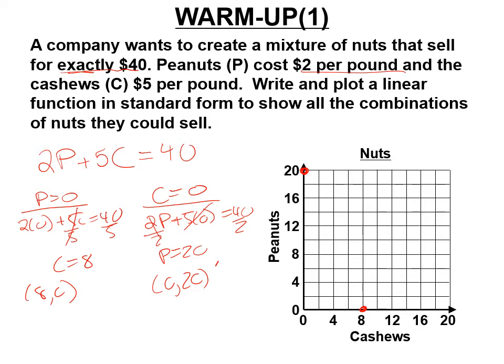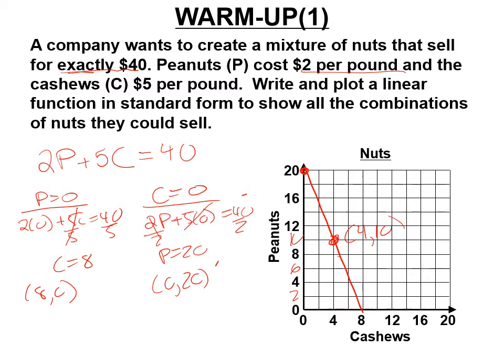And it's an equation, and so negatives don't, right? Negative cashews and peanuts make no sense, so we're doing everything in the first quadrant, and we're just going to connect them. And along that line are all the possible combinations of peanuts and cashews that equal exactly $40. And let's see right there, these are going up by 2, right? 2, 4, 6, 8, 10.